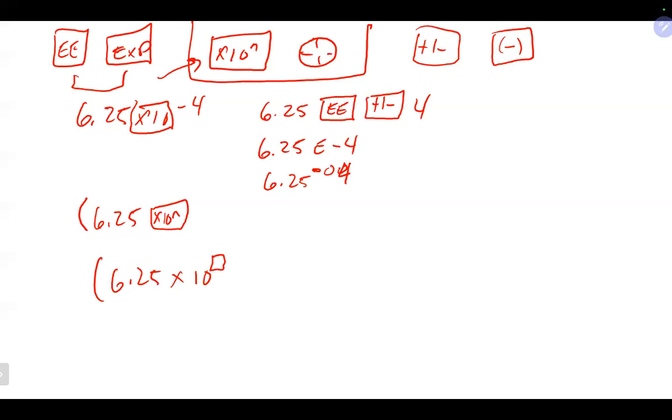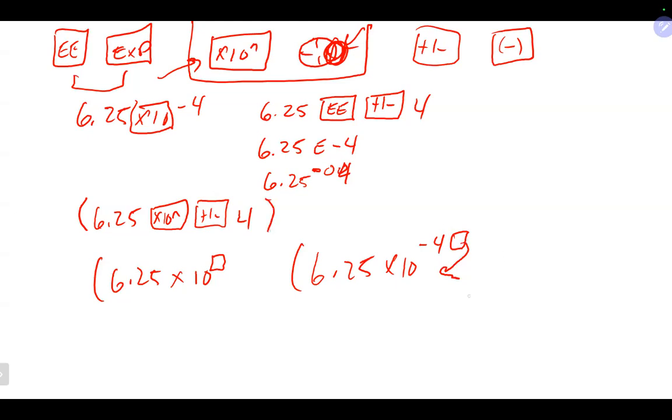At that point, you can hit your negative button, and it will turn it into 6.25 times 10 to the -4, with your cursor next to the 4, still up on top. That is where this little circle comes into play. You want to hit the right-hand side of the circle. That will bring your cursor back down, and then you can close the parenthesis.